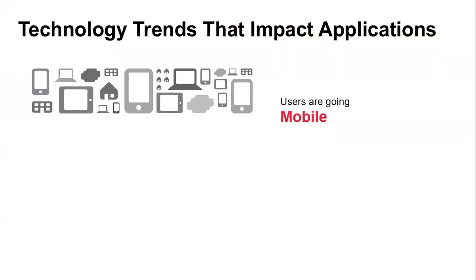As we all know, technology is advancing, and the way applications are being deployed is also advancing from the traditional way to the cloud. You can see that users are becoming more mobile as the day goes by, and the way applications are being deployed is also moving from the traditional way to a very current way.